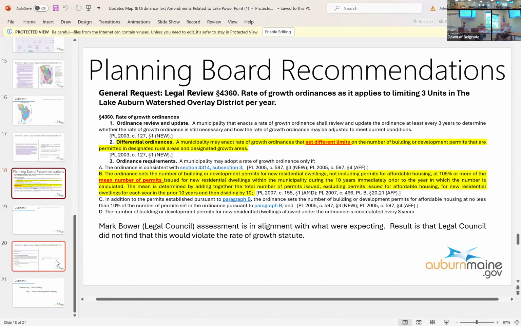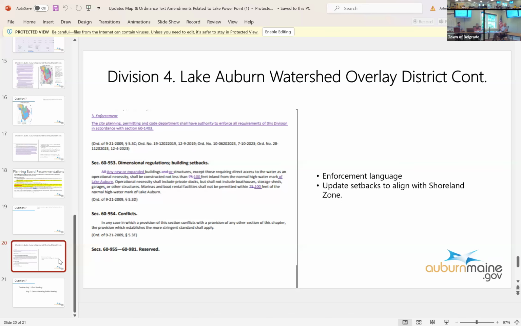Do you have a sense of the percentage of phosphorus coming from lack of buffer, septic, road erosion? What's the low hanging fruit, I guess? That's a good question, and that makes some of the discussion difficult in our community.